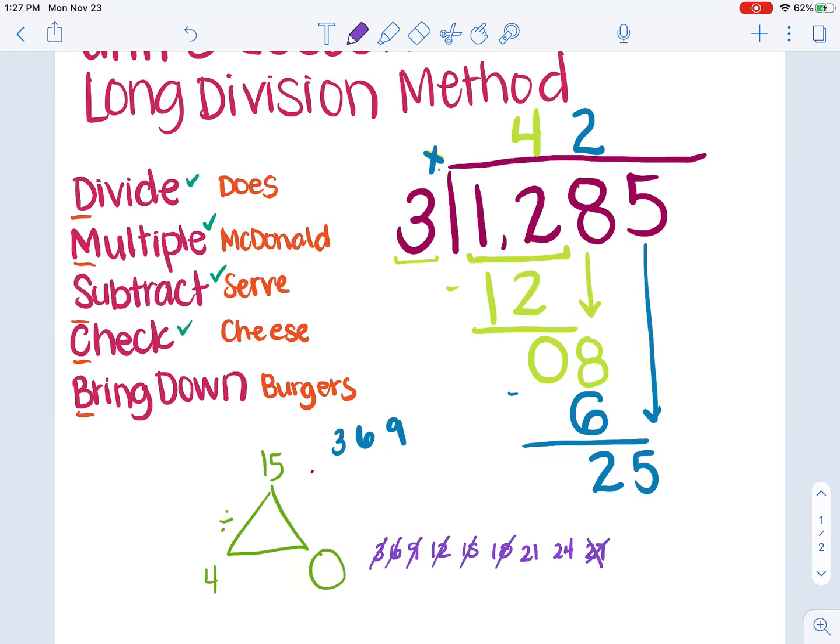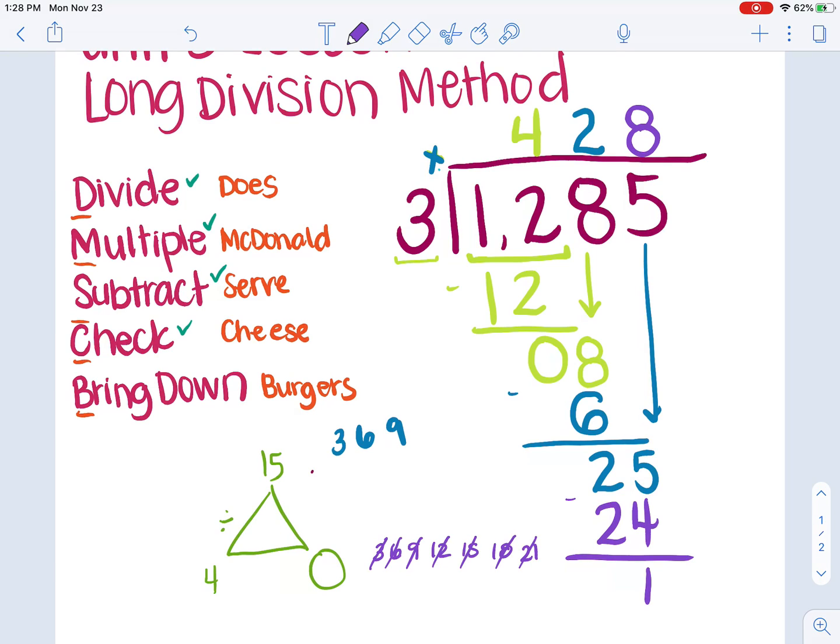So we've got 1, 2, 3, 4, 5, 6, 7, 8 times. 25 divided by 3 is 8. Now I'm going to multiply. 3 times 8 is 24. I'm going to put my 24 down below here. Then I'm going to subtract. 25 minus 24 is 1.